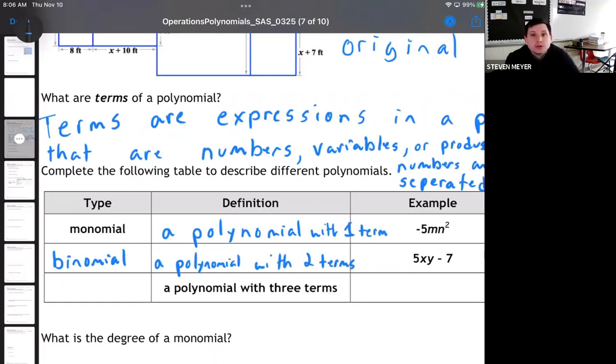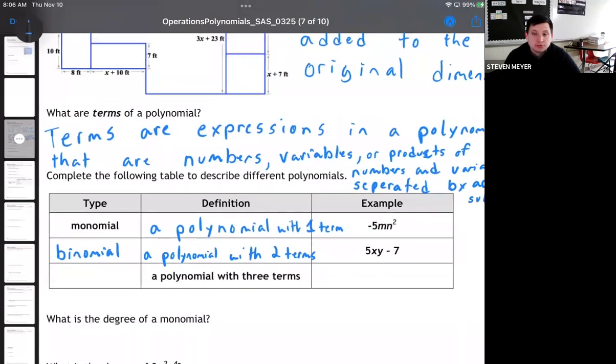And then what do you call a vehicle that you pedal that has three wheels? A tricycle. So this is a trinomial, a polynomial with three terms. So when I'm writing this out, I know I need to have either two additions or two subtractions to separate those three terms from each other.